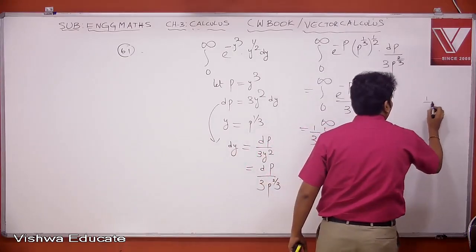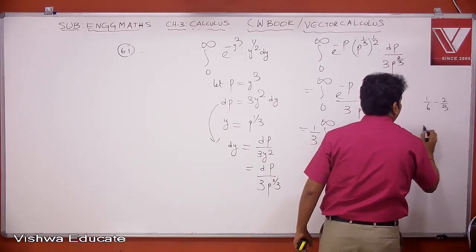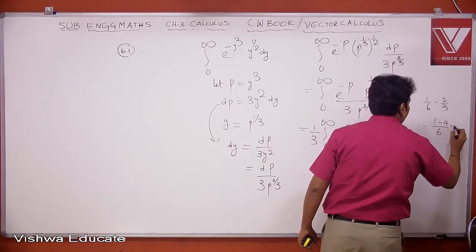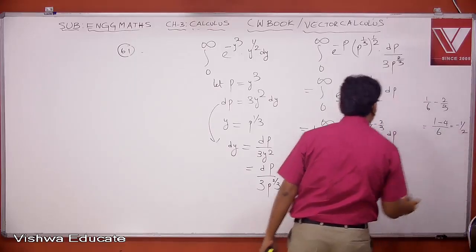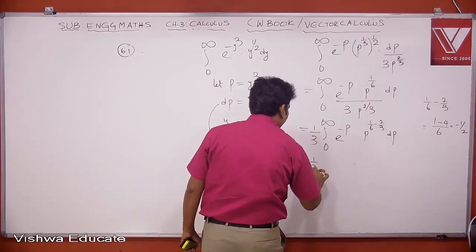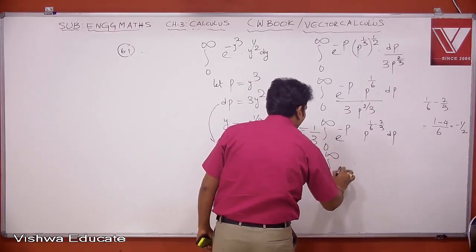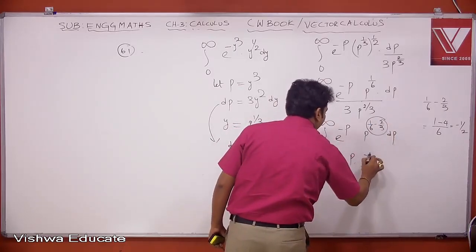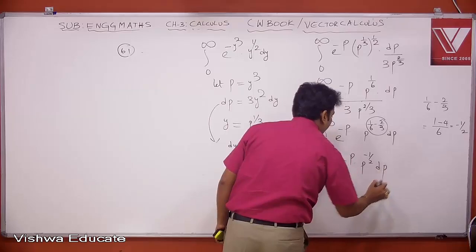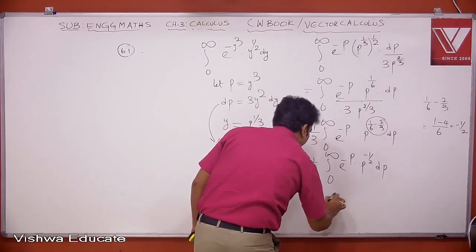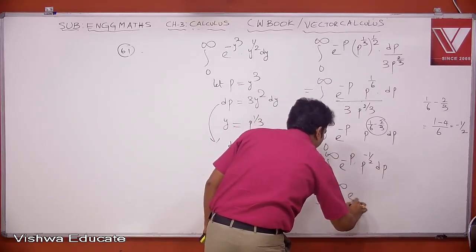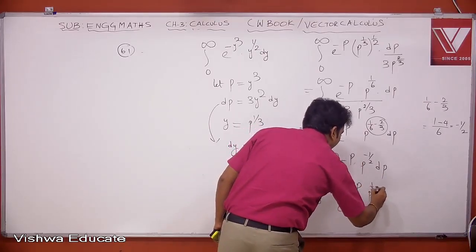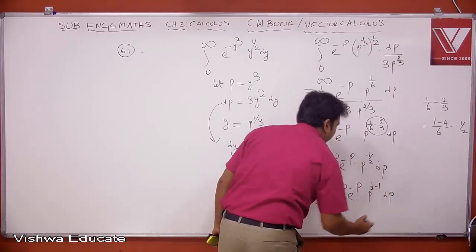Now what is this 1 by 6 minus 2 by 3? Here LCM is 6. 1 minus 4, so minus 3 by 6, it is minus 1 by 2. So this is 1 by 3 into integral 0 to infinity e power minus p into p power minus 1 by 2, we can write it as 1 by 2 minus 1, dp.